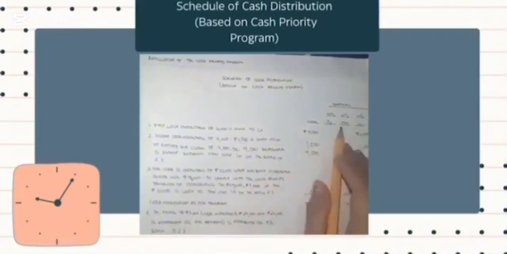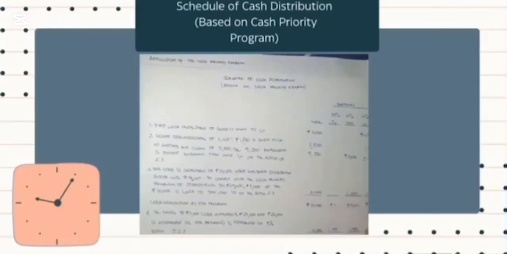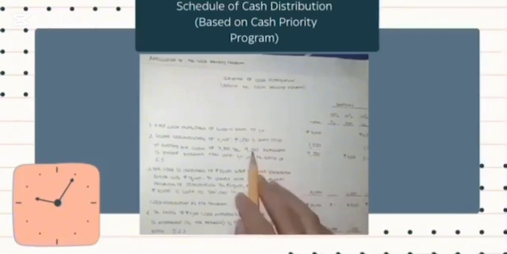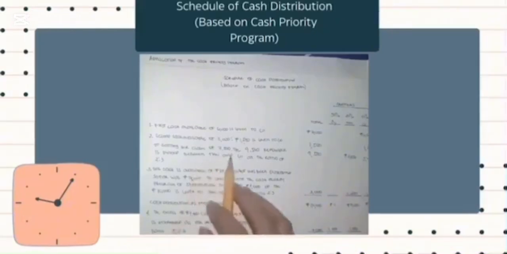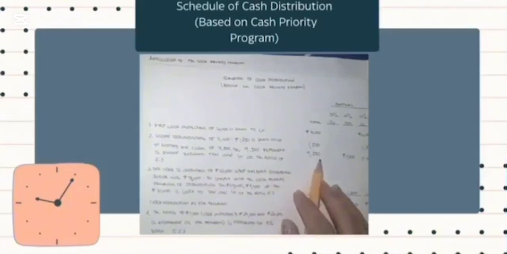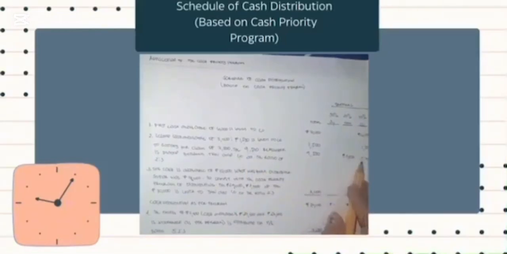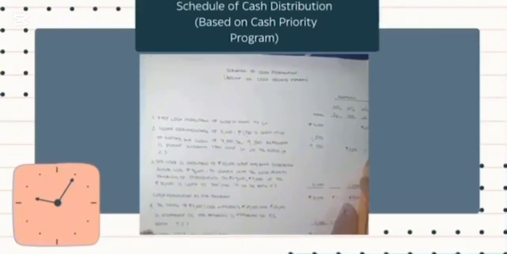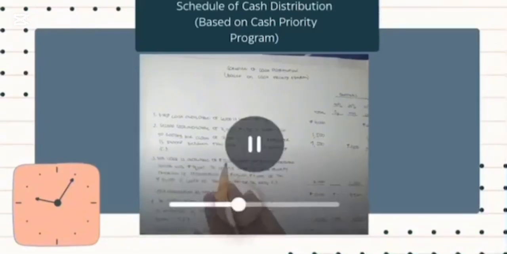So Tan gets 2/5 multiplied by 9,500, and the result is 3,800. And Co gets 3/5 multiplied by 9,500 again, and the result is 5,700.